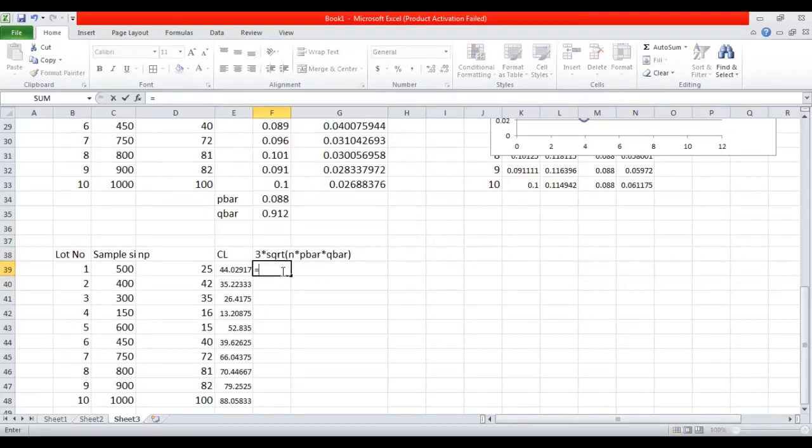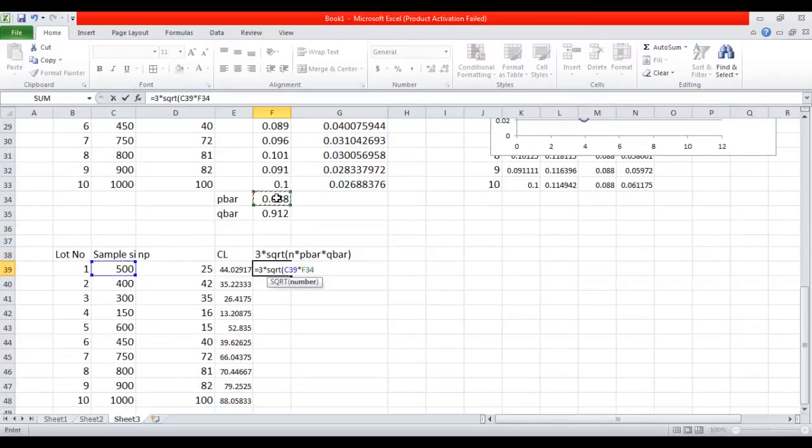So which is equal to 3 into square root of, what do I have to write? Square root of N into P bar into Q bar.